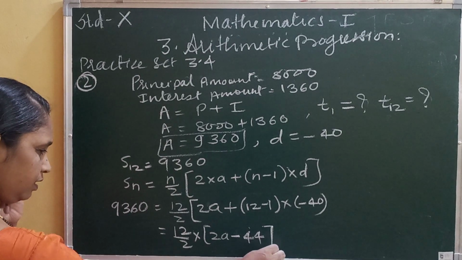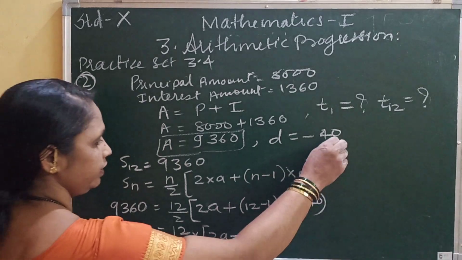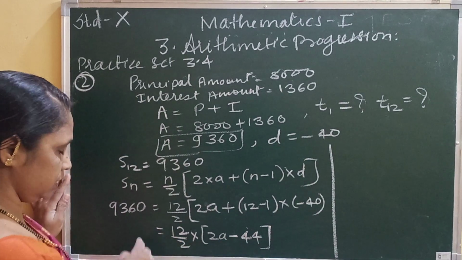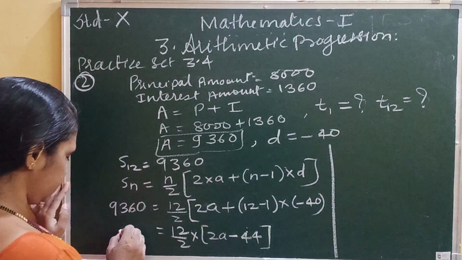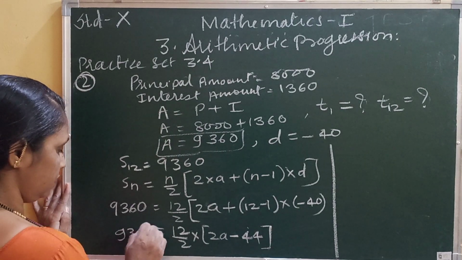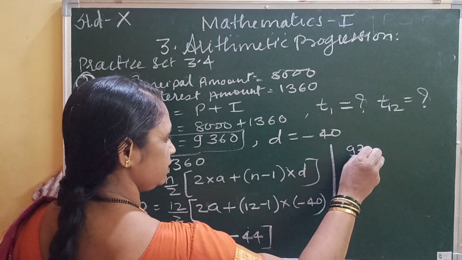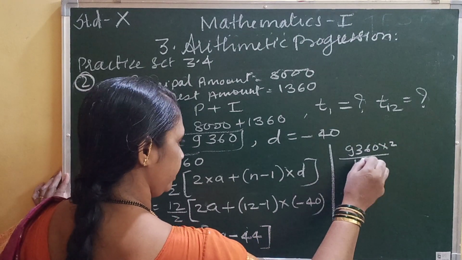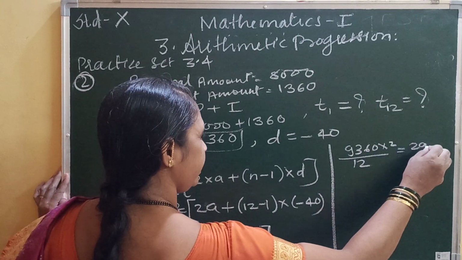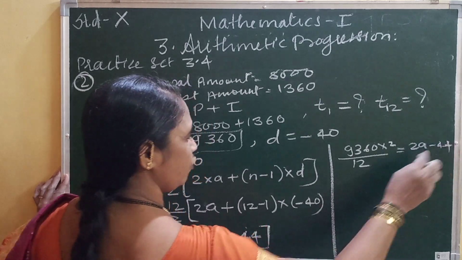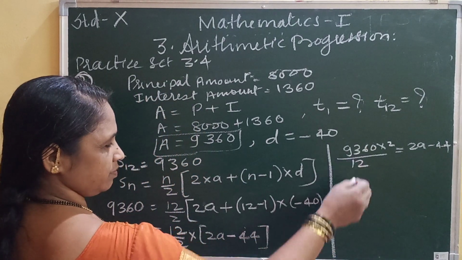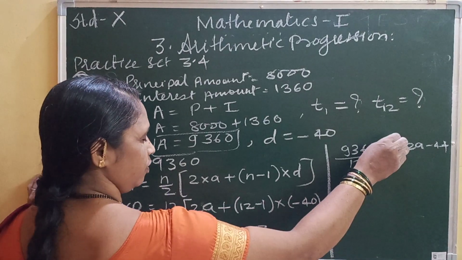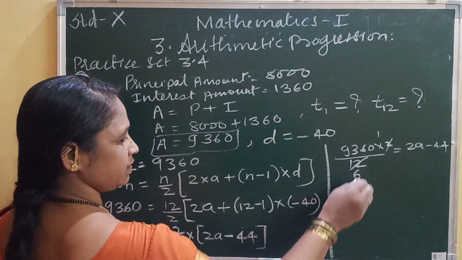Okay. Now see what we can do. Now here 9360 into 2 upon 12 is equal to 2A minus 44. Now we can divide this by the 12 table, or we can divide by this 6.